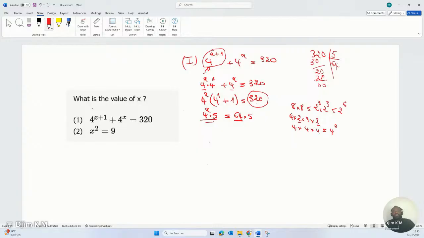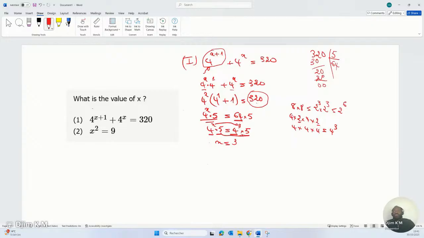It's 4 to the power 3. So this is 4 to the power 3 times 5. This 5 is here, so x is equal to 3, because this will be the same.